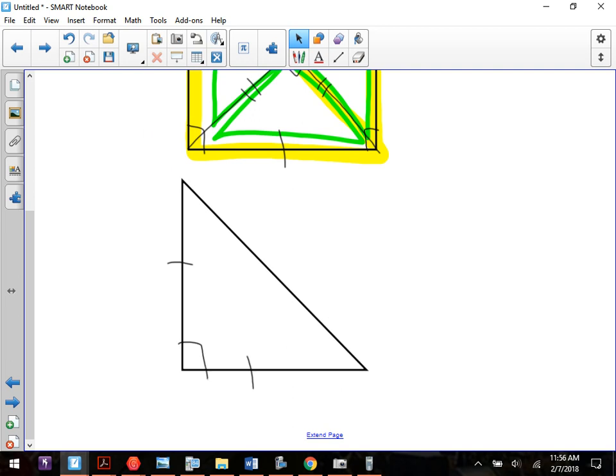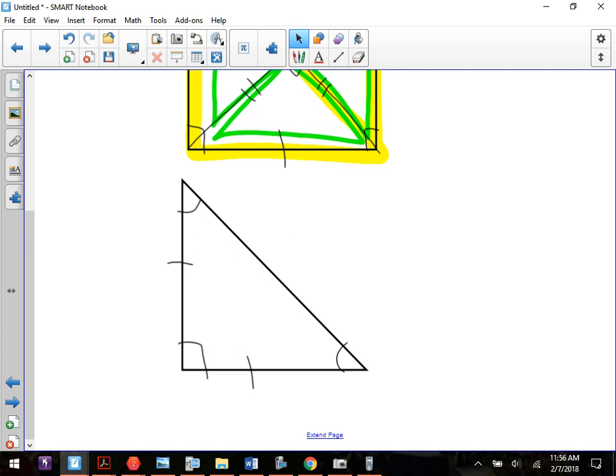It's isosceles, isn't it? Yes, it's isosceles. The reason that it's isosceles is because it's got the 2 congruent legs. If it has the 2 congruent legs, then what does it have for base angles? They're also going to be congruent.